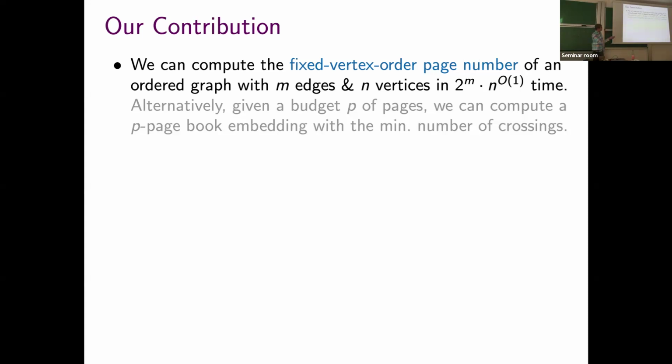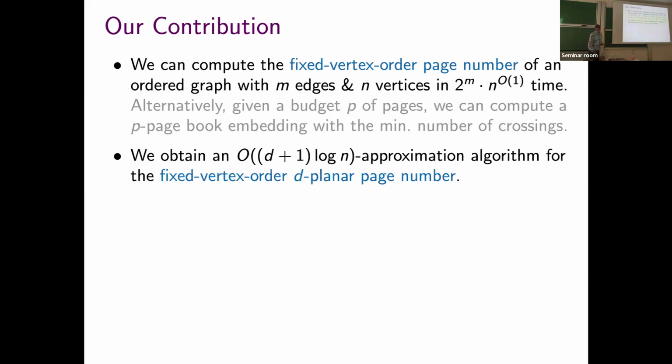So for the first result, all the pages are without crossings, and for the second result, you restrict my resource, the number of pages, and then I try to make it as nicely readable as possible. Okay. And these two things are very much related.